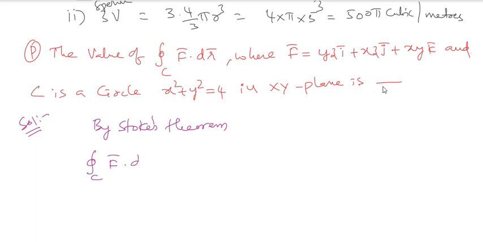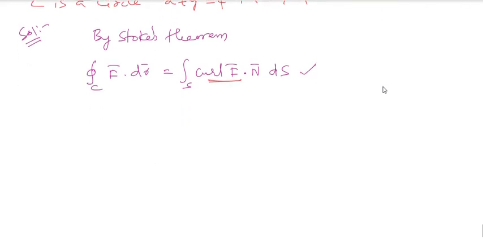So f bar dot dr bar is equivalent to the surface integral of curl f bar dot n bar ds. In order to calculate this, you have to calculate curl f bar. The value of f they had given here. First let me calculate the curl of f bar.